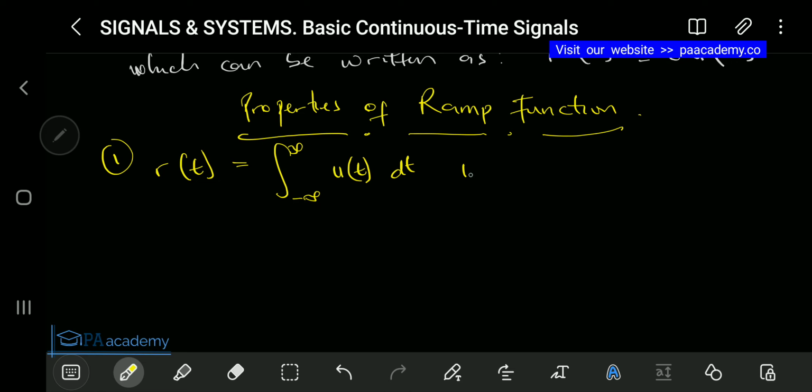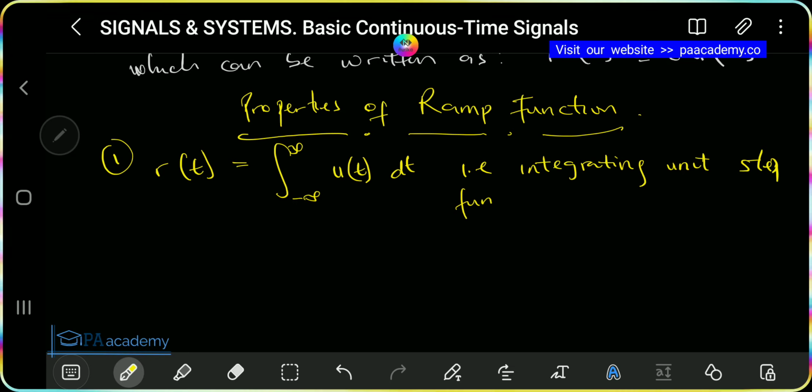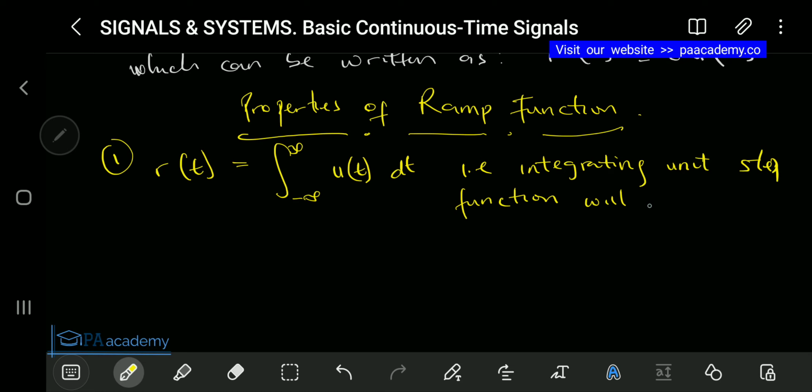So what this is saying is that integrating the unit step function will give the ramp function. That's one of the properties you need to take note of.